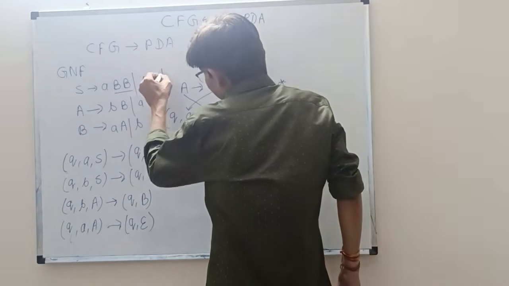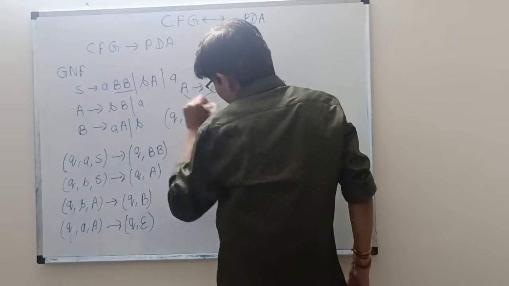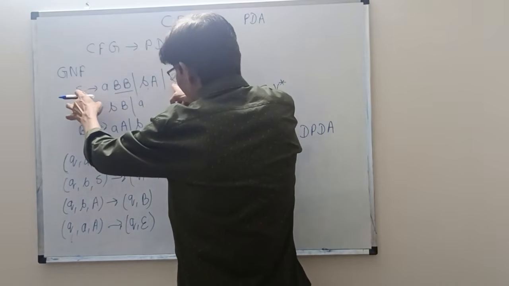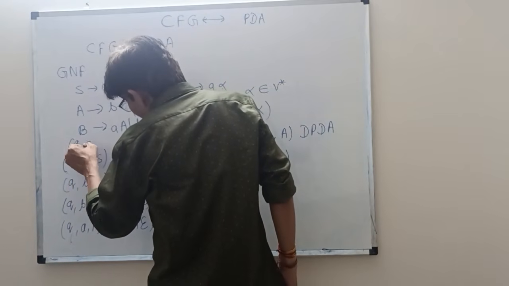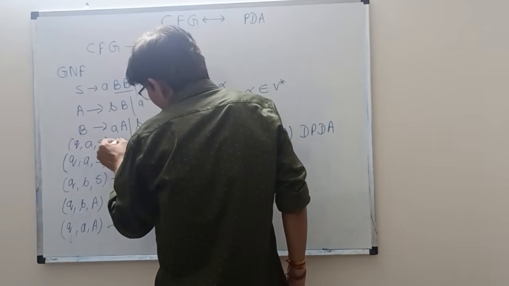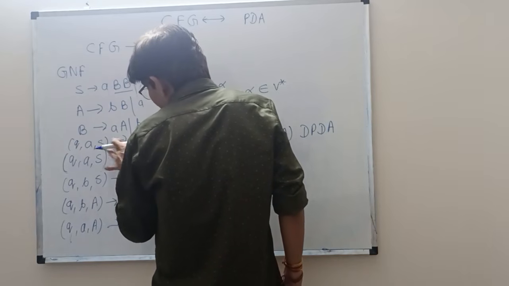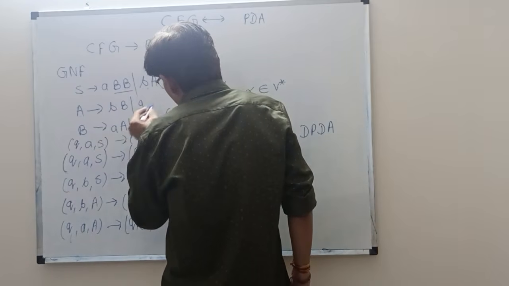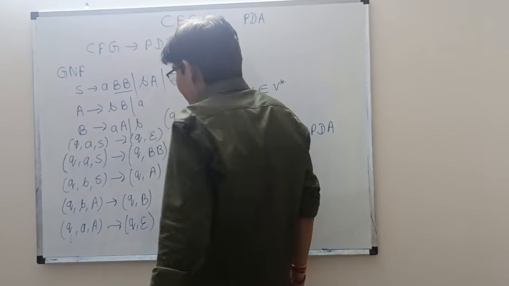Suppose there is one more production, S gives A. Now I can convert this production into a transition. I am in Q, I am reading A, and the stack top is S again. In this condition I can stay in Q, and as nothing is there after A, I can mention epsilon here.